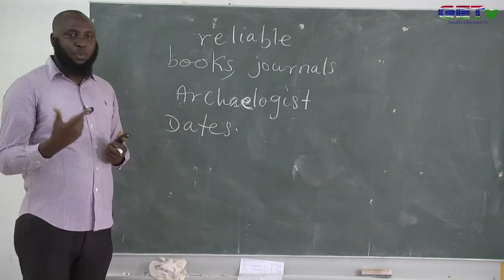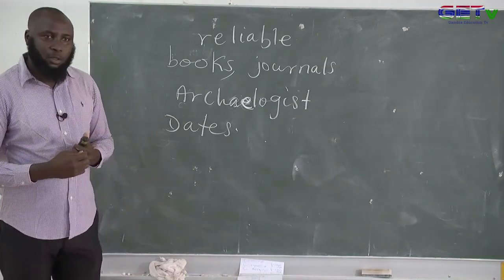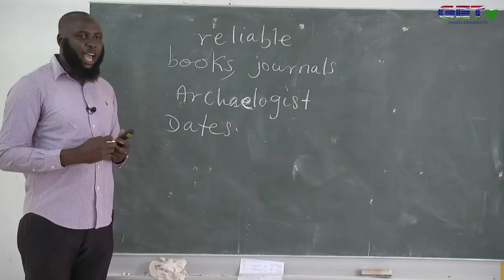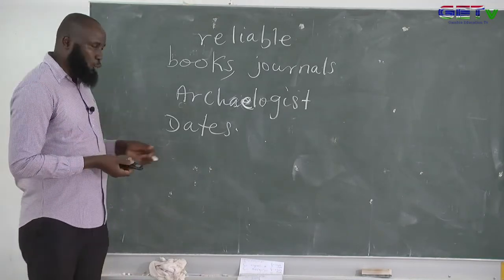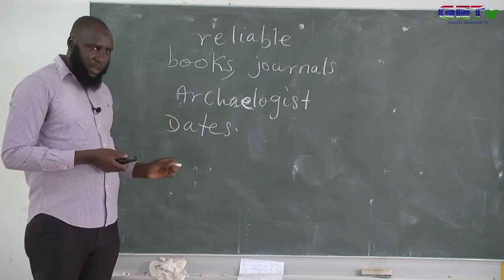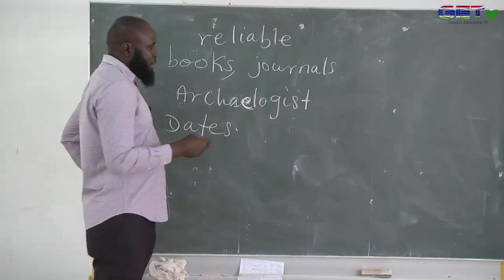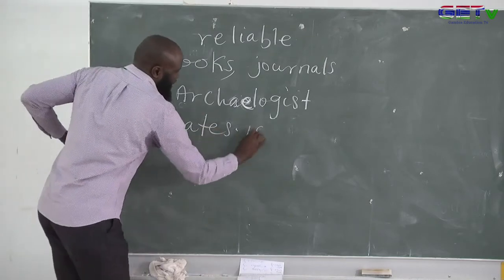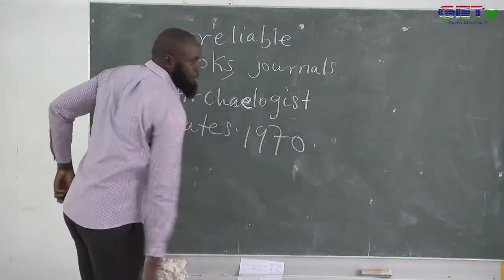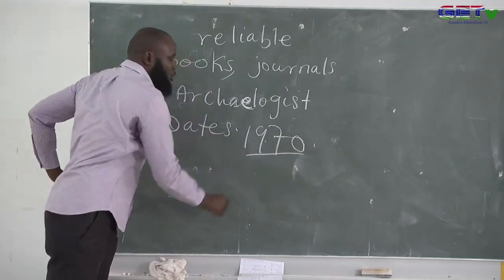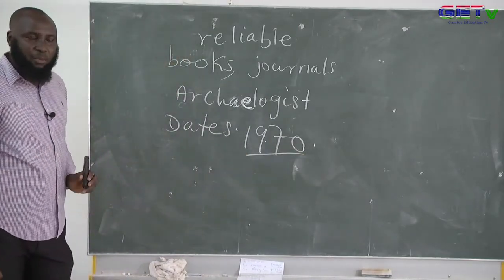The Gambia became a republic, self-governed. When? The date must come. This is why dates enable us to know when an event happened. For example, Gambia became a republic in 1970. So the date here helps you to know when the Gambia became a republic.